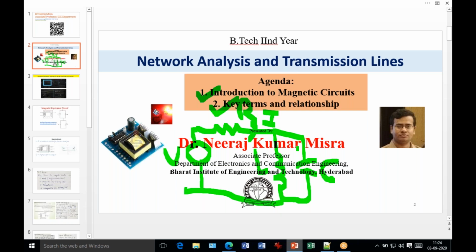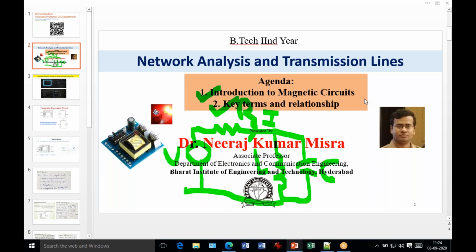So what is a transformer? Actually, the high voltage supply is available on the transmission line, but the transformer converts the voltage to a low voltage. That's why it is usable in your home. So this is a good example of an electromagnetic circuit.